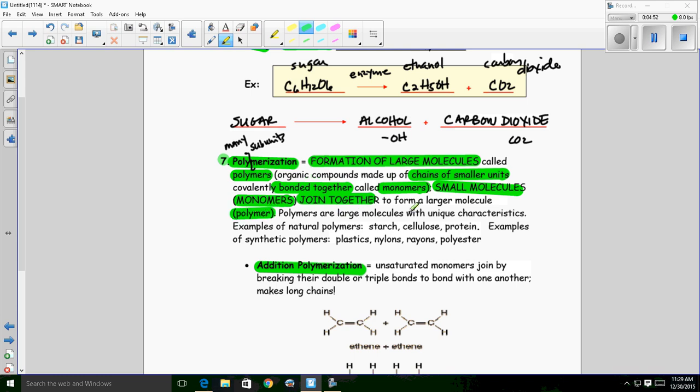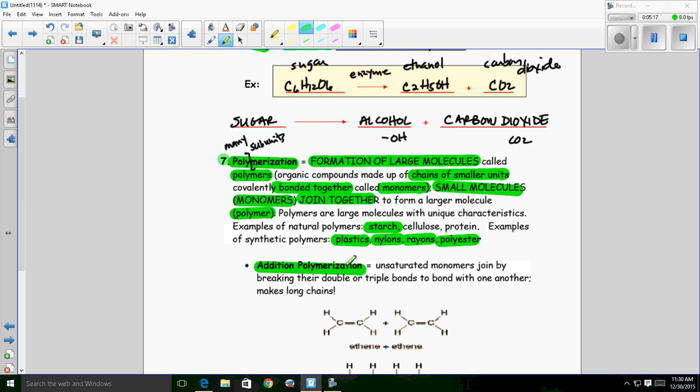Polymers are large molecules with unique characteristics. Some examples of natural polymers are starches, cellulose, and proteins. Some examples of synthetic polymers are plastics, nylons, rayons, polyester, and different types of rubbers as well.